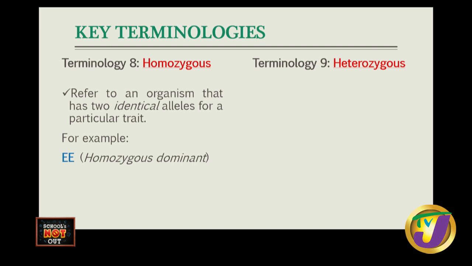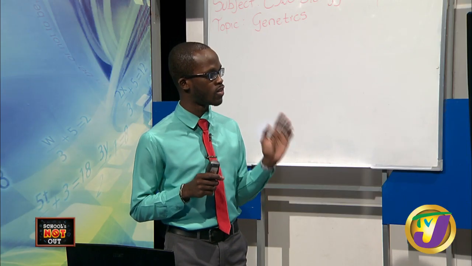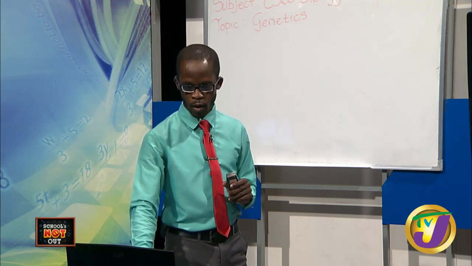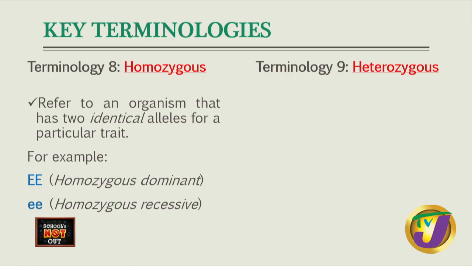You recognize it's the same E's that we're seeing there, two capitals. So it is referred to as homozygous. And we say a capital letter is dominant. So it's homozygous dominant. What is another possibility of homozygous? We can have two small letters, and reiterating, a small letter is recessive. So in this case, it is referred to as homozygous recessive.